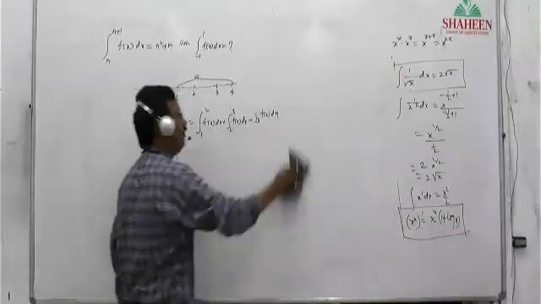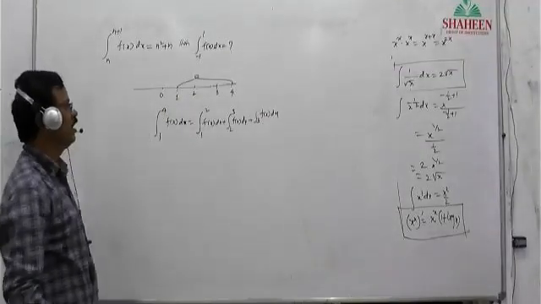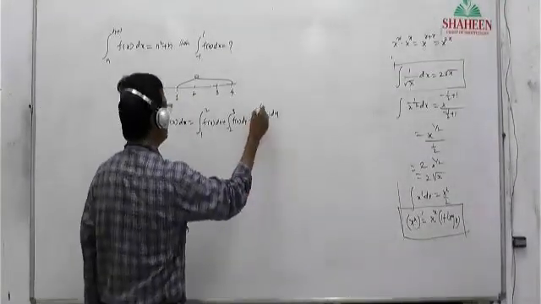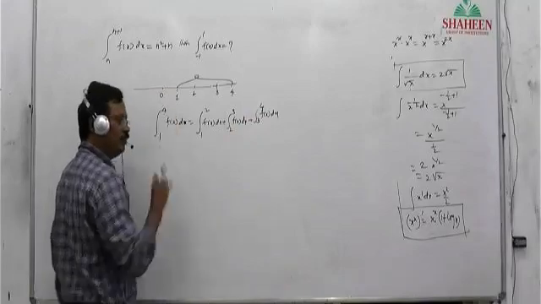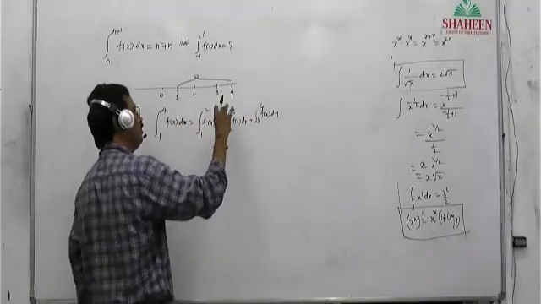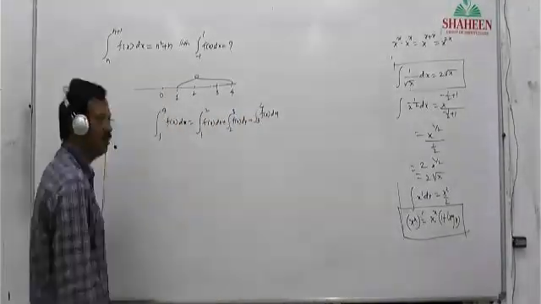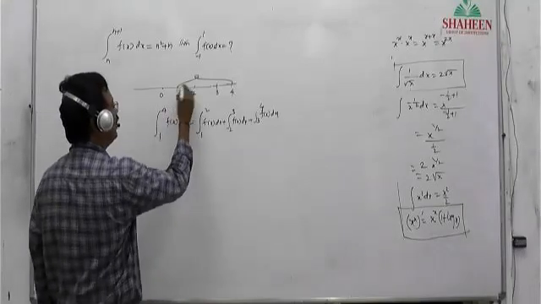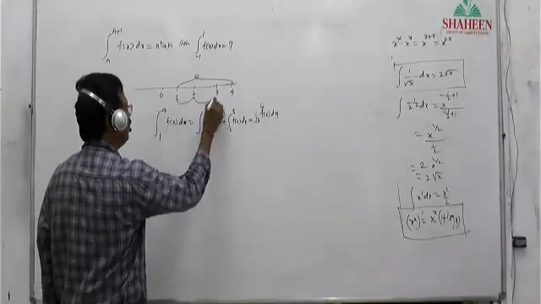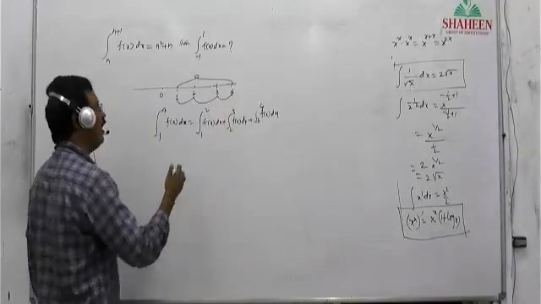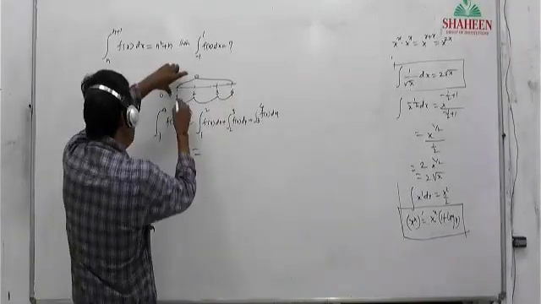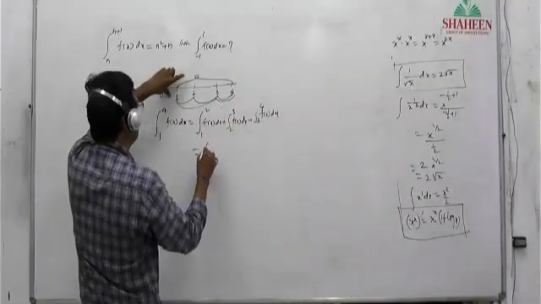Okay, now all of you, see that the integral from 1 to 4 we can write as 1 to 2, 2 to 3, 3 to 4. If you want, we can also write 1 to 3 directly, then 3 to 4.